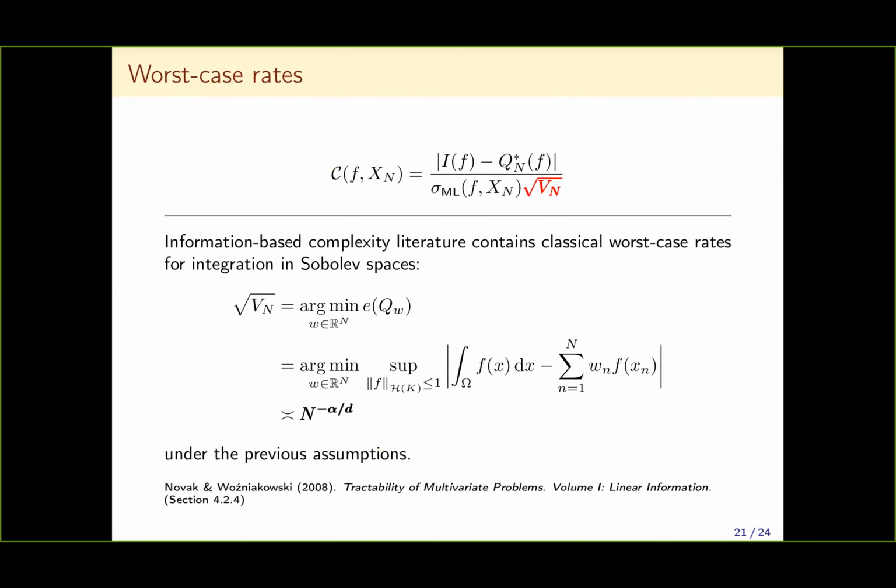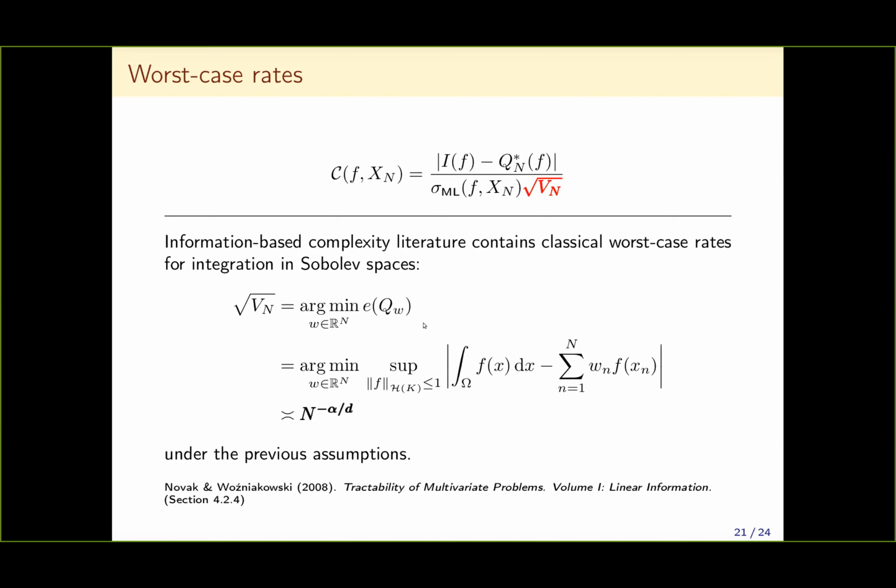A second quantity we can analyze is this standard deviation here. So earlier we had this result that the standard deviation is the minimal worst case error in the RKHS of the kernel.